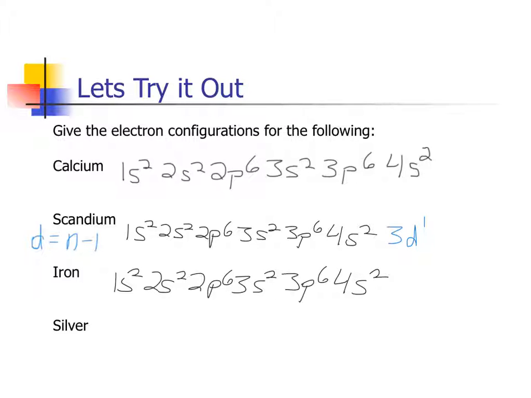Now you look again: scandium is d1, titanium is d2, 3, 4, 5, 6, and so you would actually write for that one 3d6.